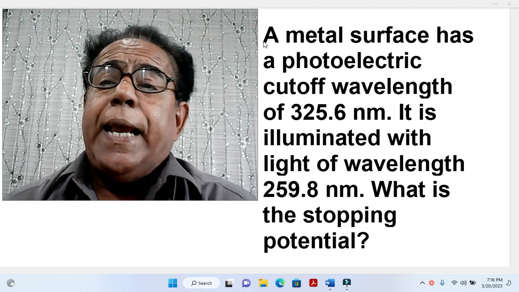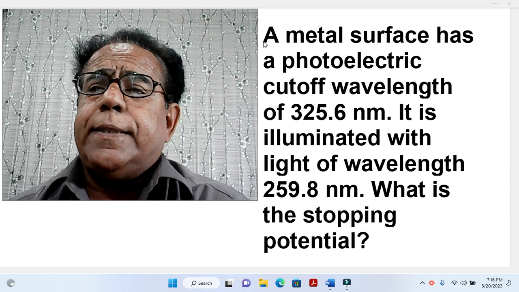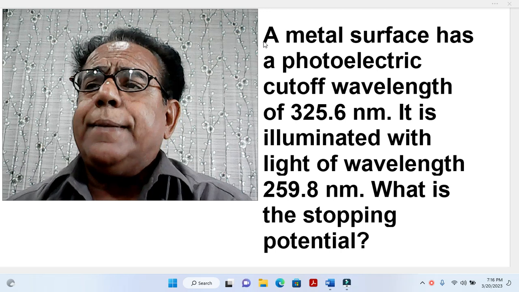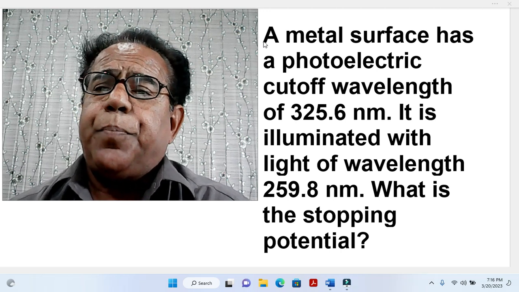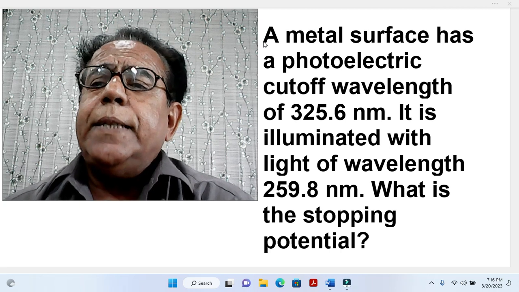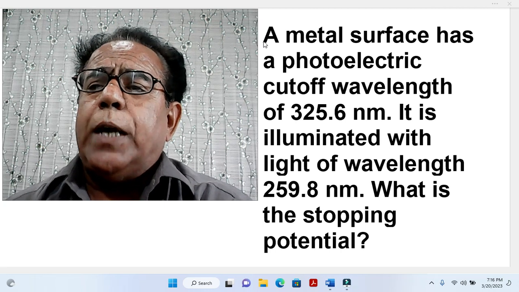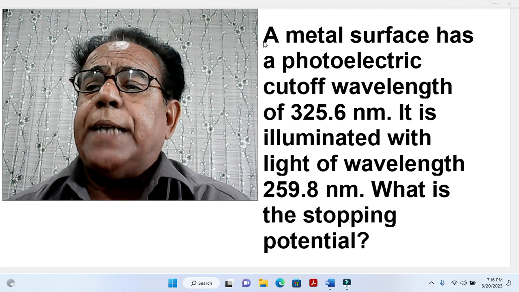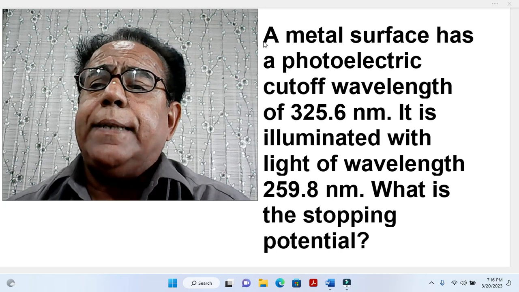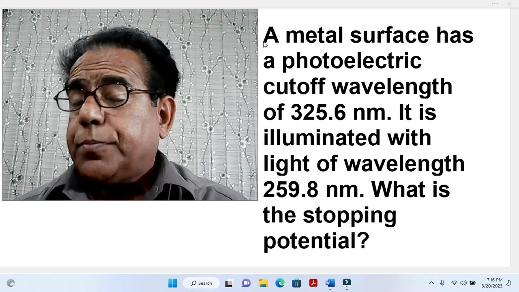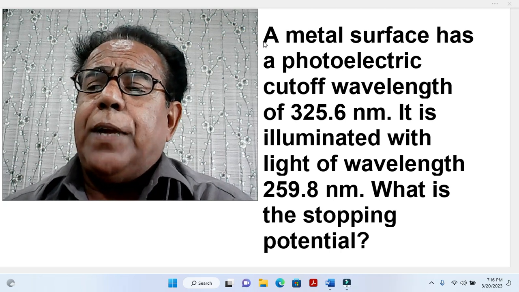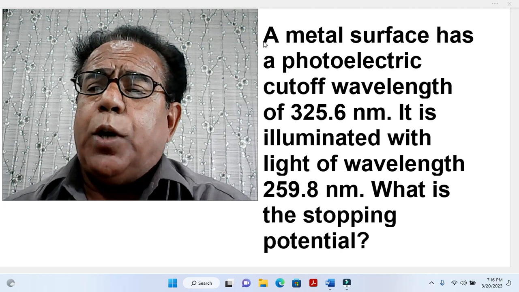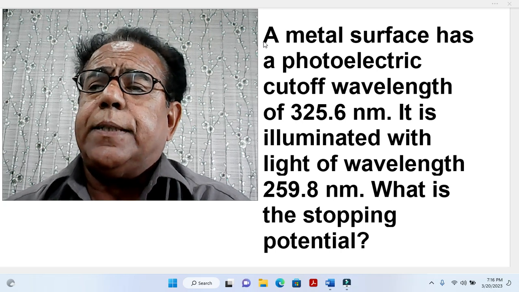As usual, we first come towards its statement. A metal surface has a photoelectric cutoff wavelength of 325.6 nanometer. Nano means 10 to power minus 9 meter. It is illuminated with light of wavelength 259.8 nanometer.